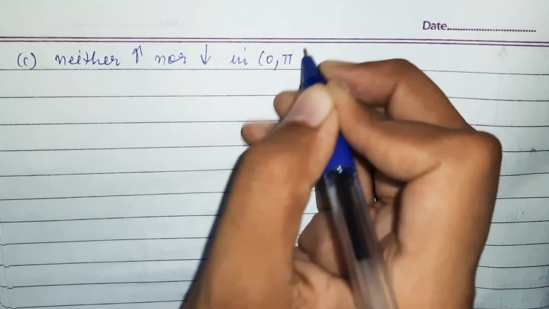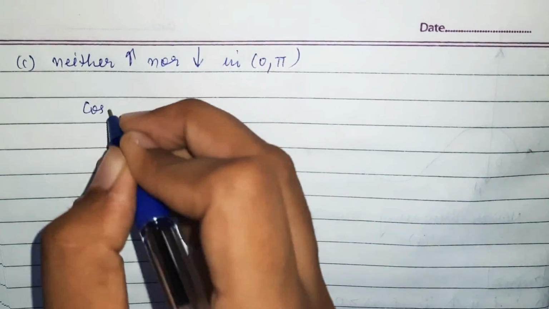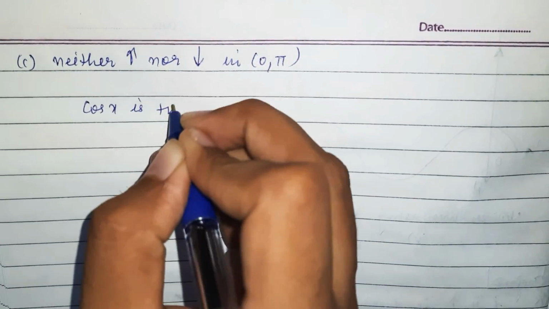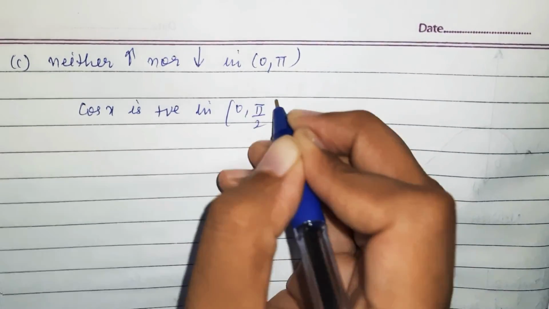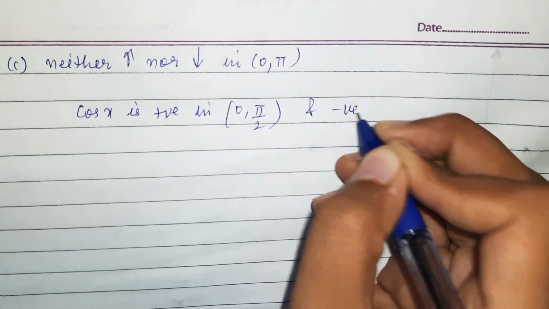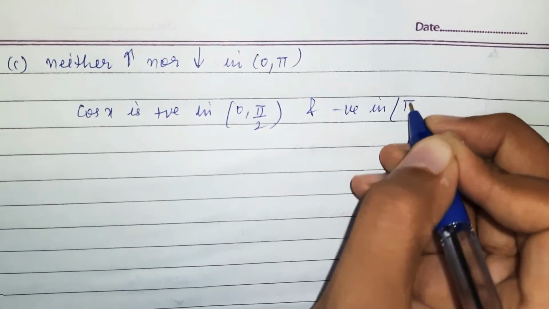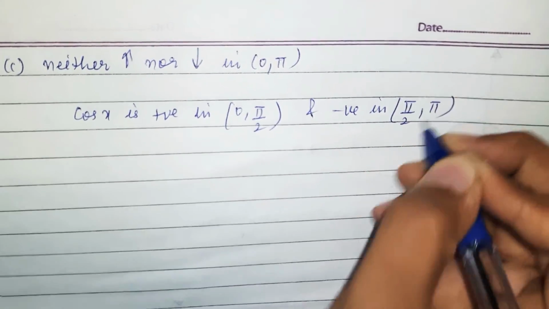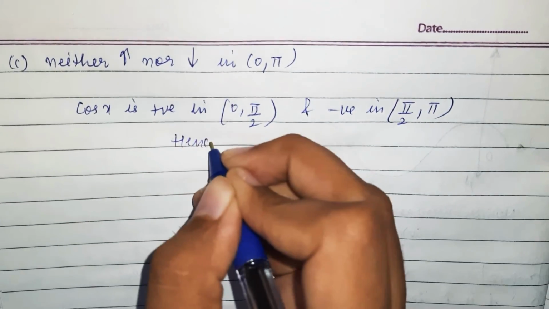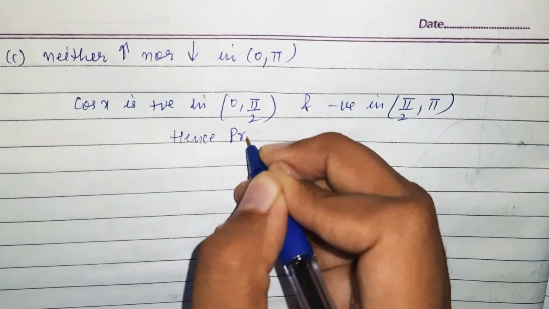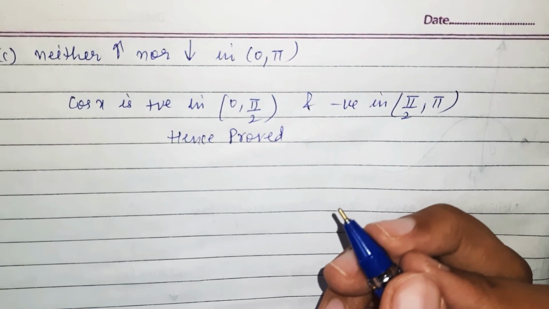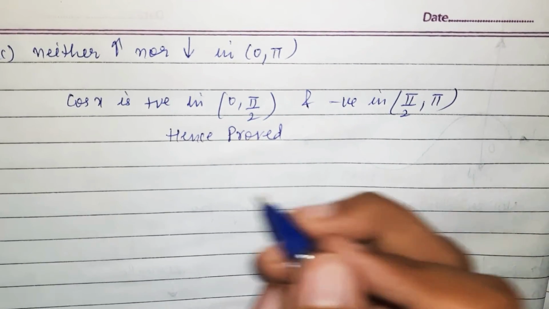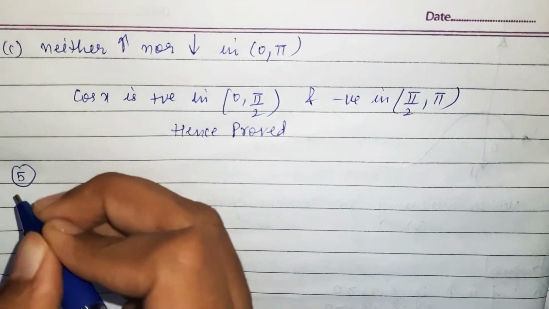So this is true, because cos x is positive in 0 to pi by 2 and negative in pi by 2 to pi. So hence proved, this is neither increasing nor decreasing. Now question 4 you need to attempt. Okay, 4th and 5th are the same, so I am attempting the 5th one.